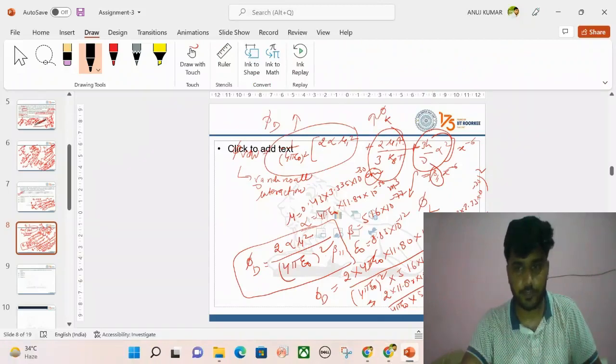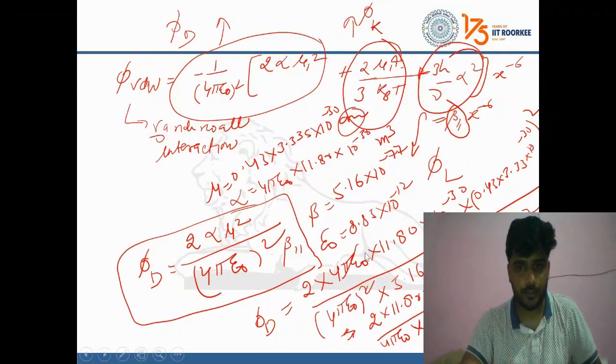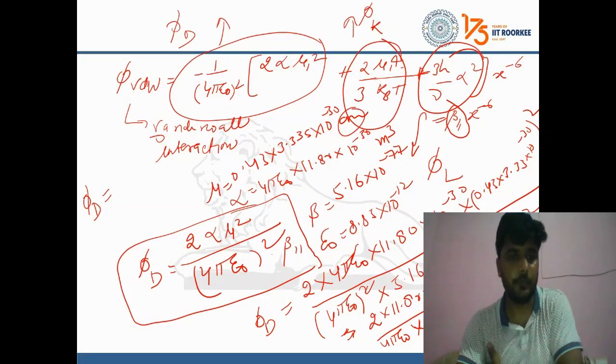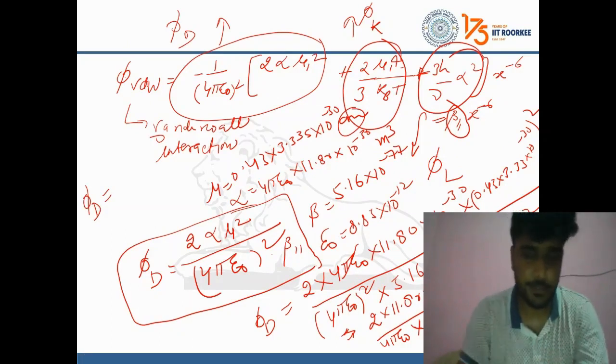So you can solve this value and get the value of phi d, that is the Debye contribution.